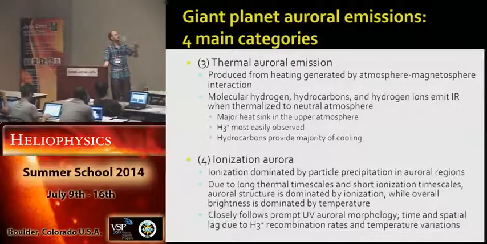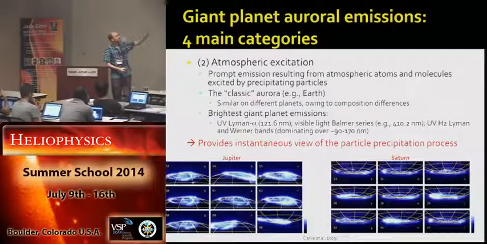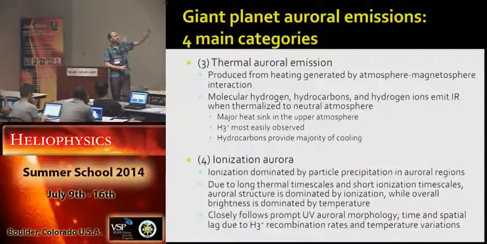Let's contrast that to ionization aurora. Ionization aurora are distinguished from the atmospheric excitation aurora because now we're actually looking at the emission from the ions that are generated by the precipitation. So for example, H3+ emission, an energetic electron ionizes H3+, and now we're seeing that emission. That's the ionization aurora. However, H3+ itself has a relatively short chemical lifetime.